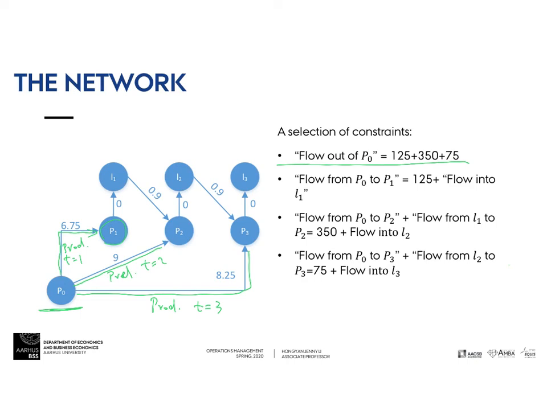And then for each period, if this is T equals 1, this is T equals 2, and this is T equals 3, then we can separate the period into 2 states.